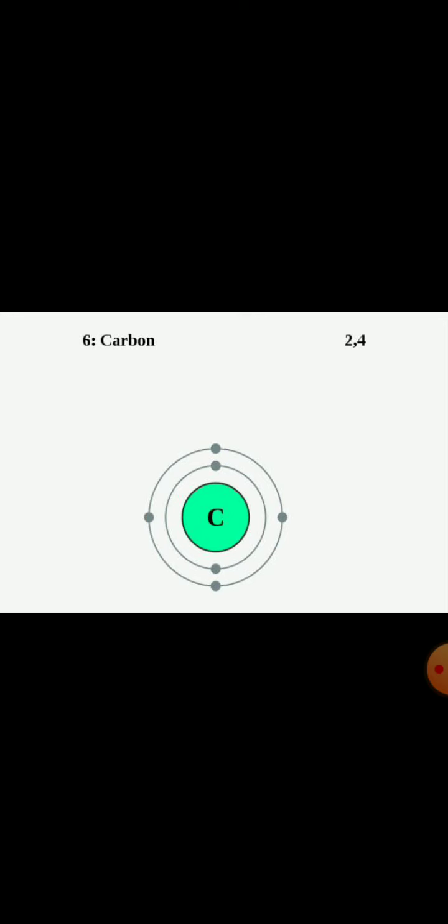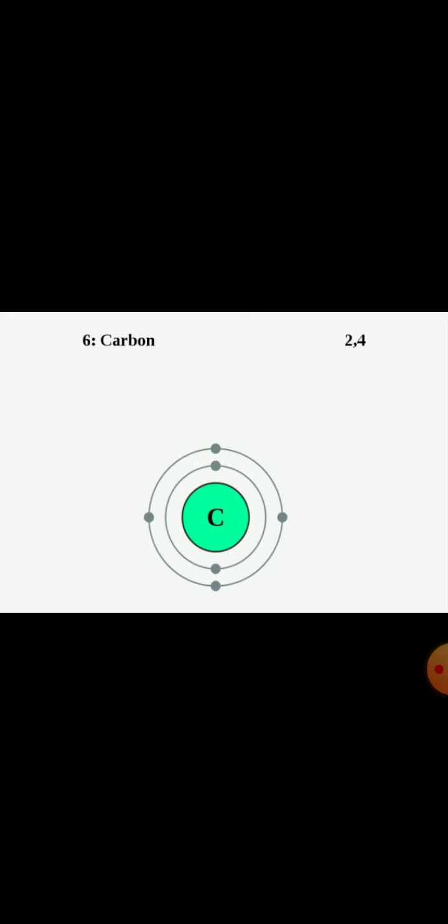But if that is so, then it would be difficult for the nucleus with 6 protons to hold on to 10 electrons, that is 4 extra electrons. Do you understand what I am saying? The nucleus of carbon, okay, already has 6 protons in it, and these 4 extra electrons it is gaining.